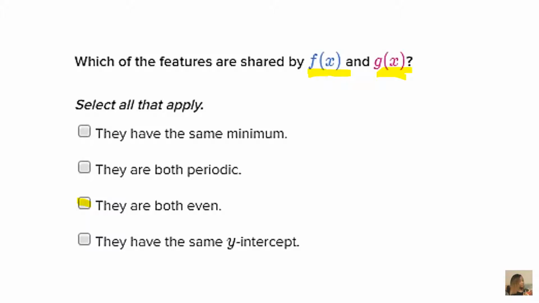But in order for a function to be even, it doesn't necessarily have to be symmetric about the y-axis. It could be symmetric about some other line. All right? So both functions are even because f of negative x equals f of x amongst the domain of f of x, and g of negative x equals g of x for the domain of the function g of x. Okay?